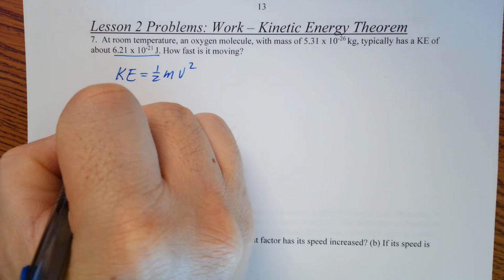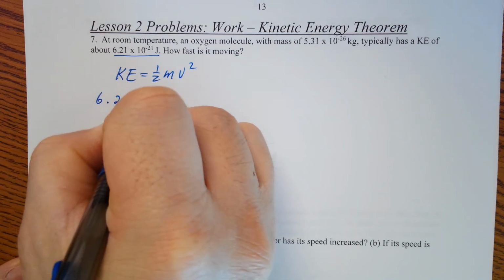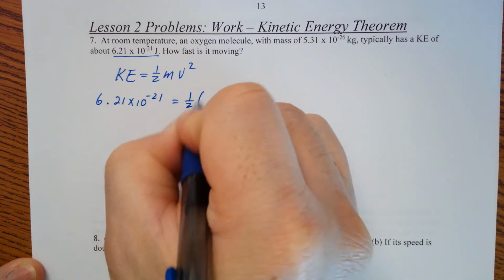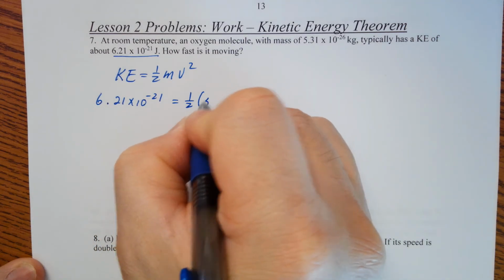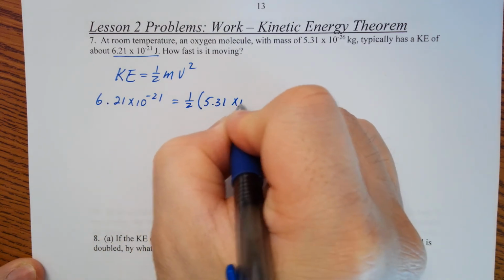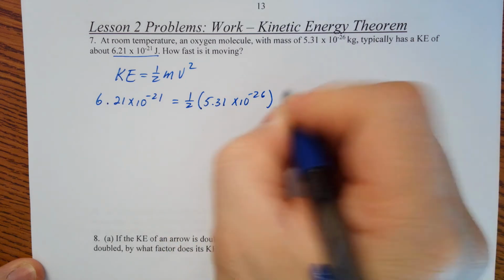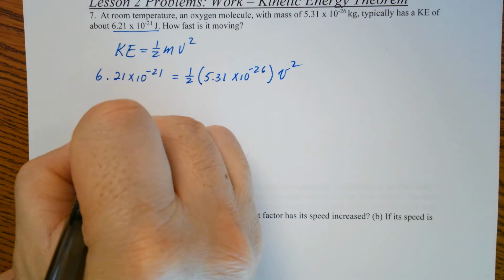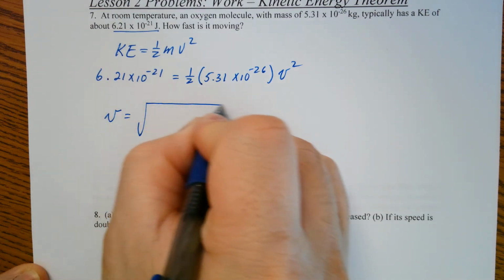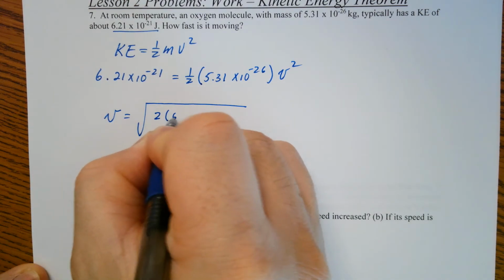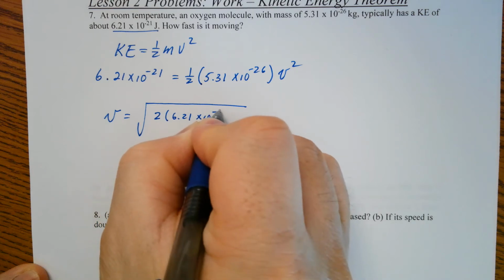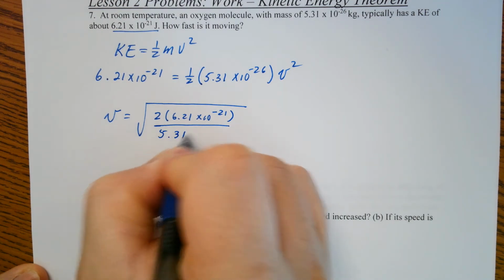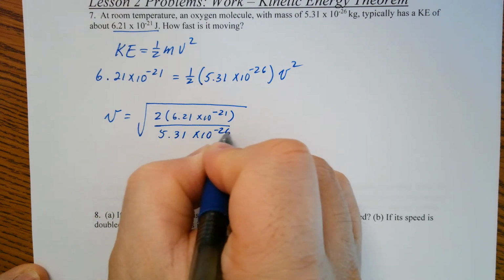So 6.21 times 10 to the negative 21st is equal to 1/2 times 5.31 times 10 to the negative 26 times v squared. So v is equal to the square root of 2 times 6.21 times 10 to the negative 21st over 5.31 times 10 to the negative 26th.